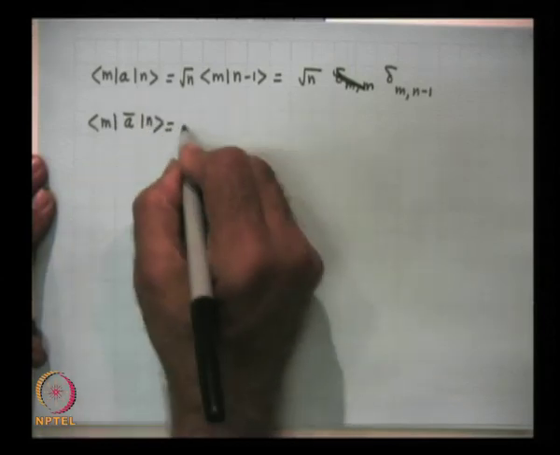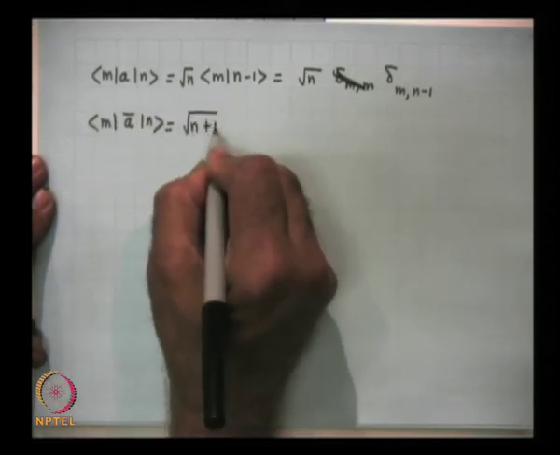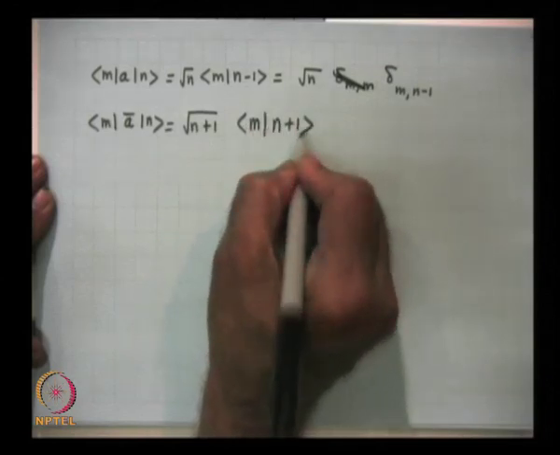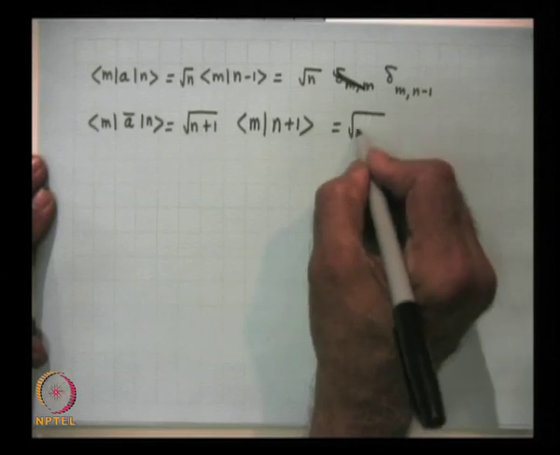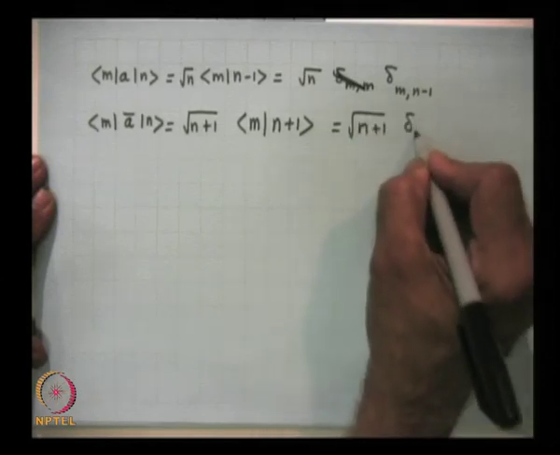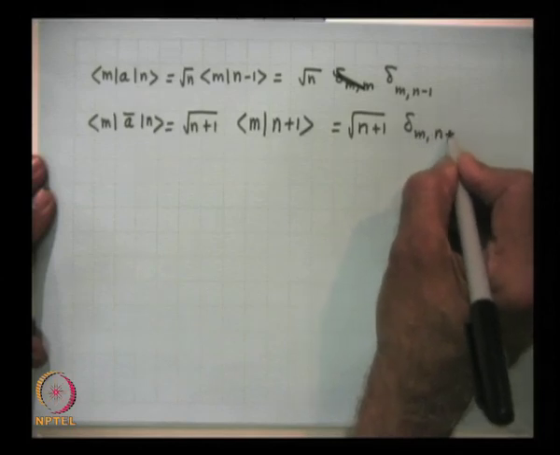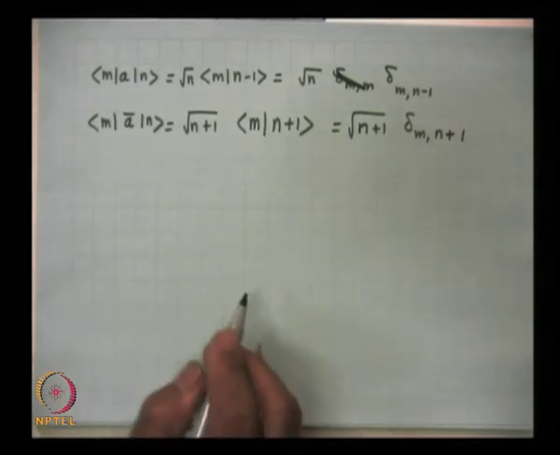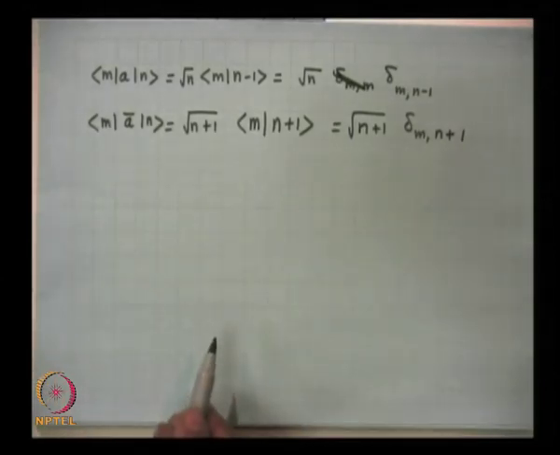So, this will be square root of n plus 1, bra m, n plus 1. So, this will be square root of n plus 1 delta of m comma n plus 1. Now I substitute these two expressions here.